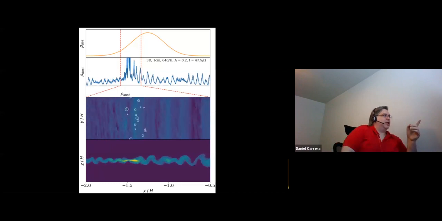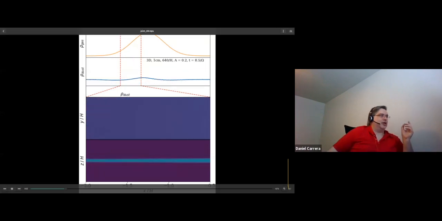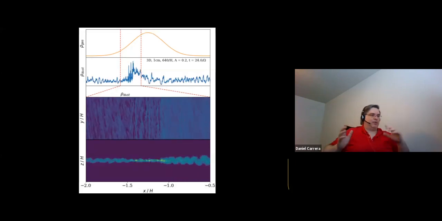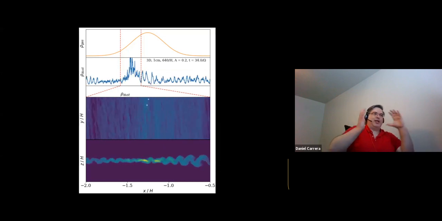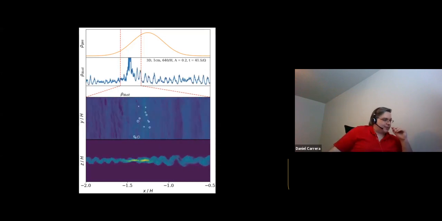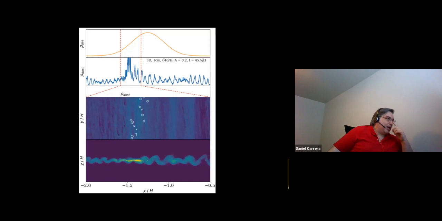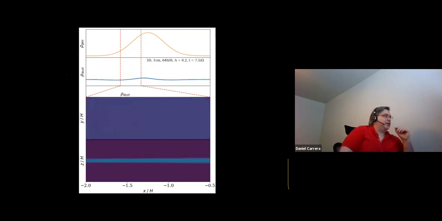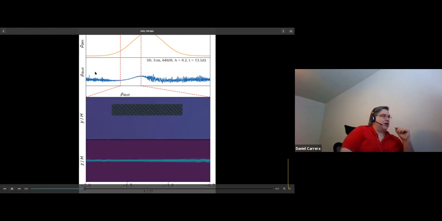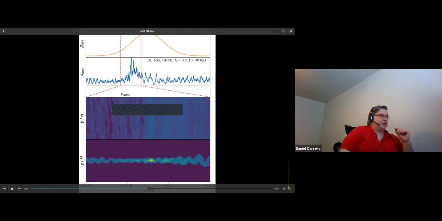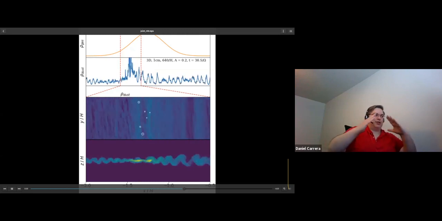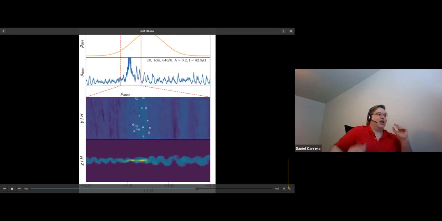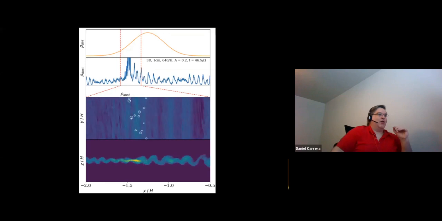Oh, my bad, actually. The top two plots are the entire box, and the bottom two plots are the interesting subset, the interesting slice where the planetesimals form.